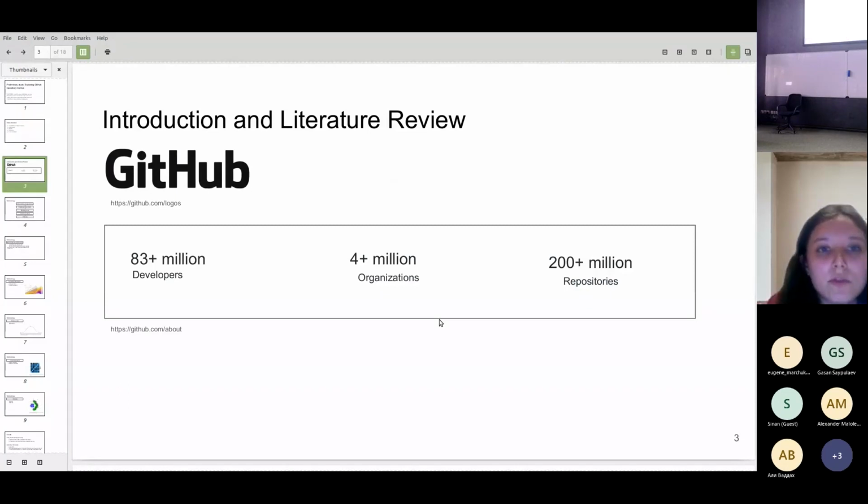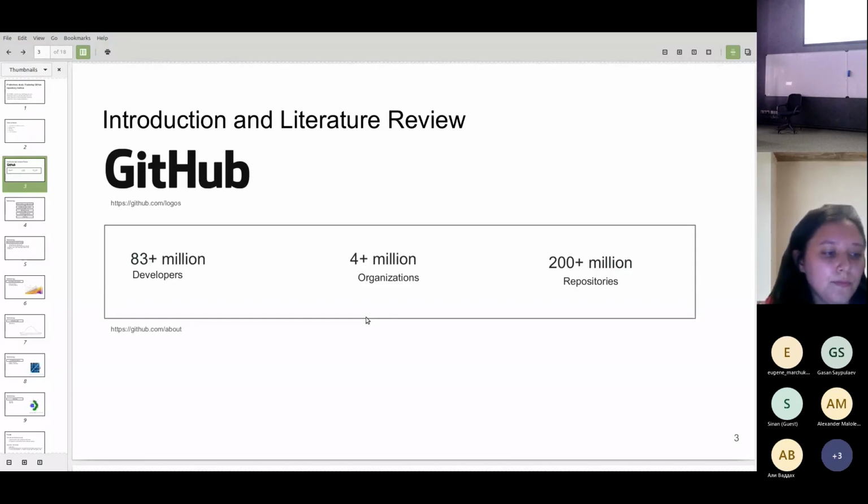Now we move to introduction. There are now many teams which are working on open source software development, and open source projects might be different in scale. They might be projects of only one person or the whole team.